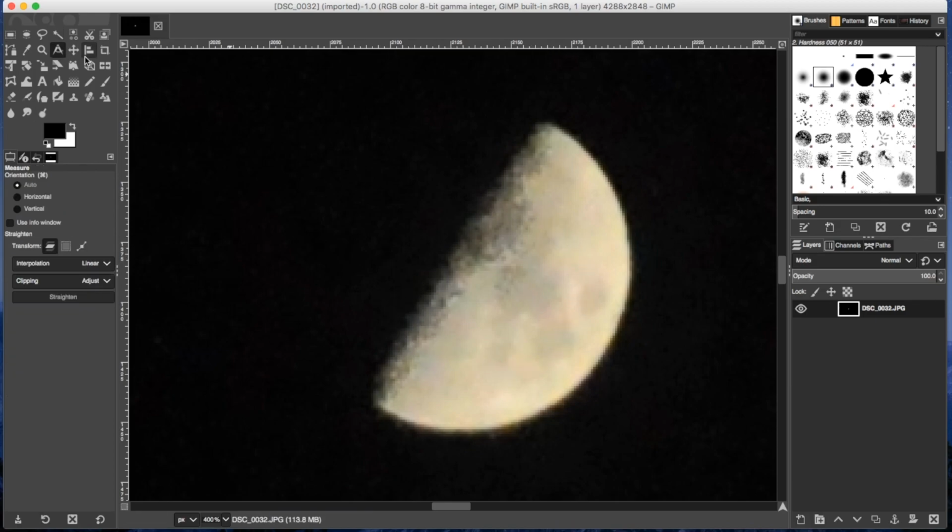So the first thing I need to do is measure the overall width of the moon, and I get about 138.4. I'm doing this so that I don't have to try to find where it was over here. So now let's go and measure. Okay, so I kind of eyeball it at 76.7.